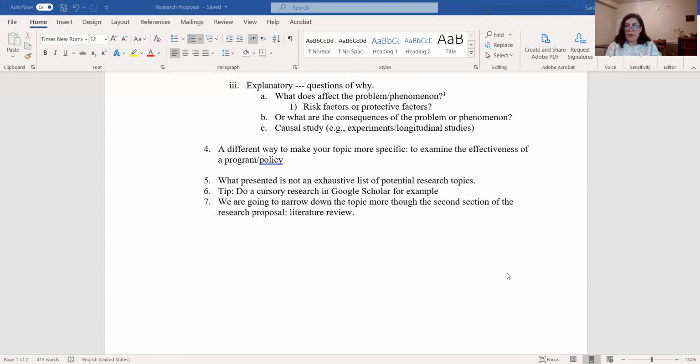Another tip for narrowing down your research topic is to examine the effectiveness of a program or policy. You might be interested, for example, to see the housing first interventions for the homeless population, how effective was this intervention for the homeless population.